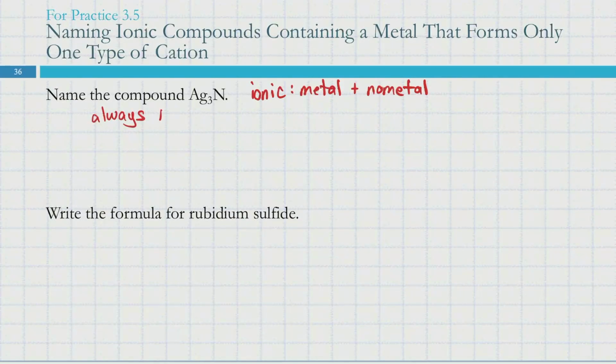So we just write silver for the silver part. And then for the nitrogen part, we need the base name for nitrogen, which is nitr, and then we change the -ogen to -ide.